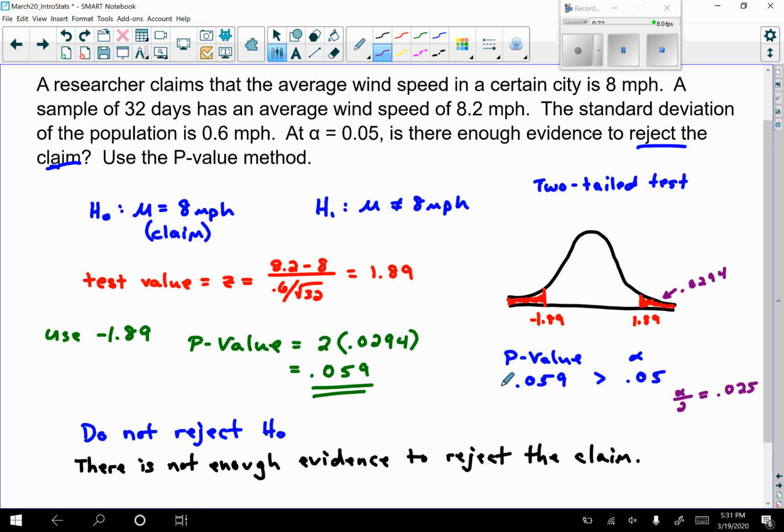We always want to compare it back to alpha, so we double the little bit of area that we get here. But what this is saying is that this 0.025 is only going to show up like right about here. We'll still have a little bit of this red, this 0.0294. So that's what we're looking at. So the p-value method is a probability value that we're comparing areas this time.